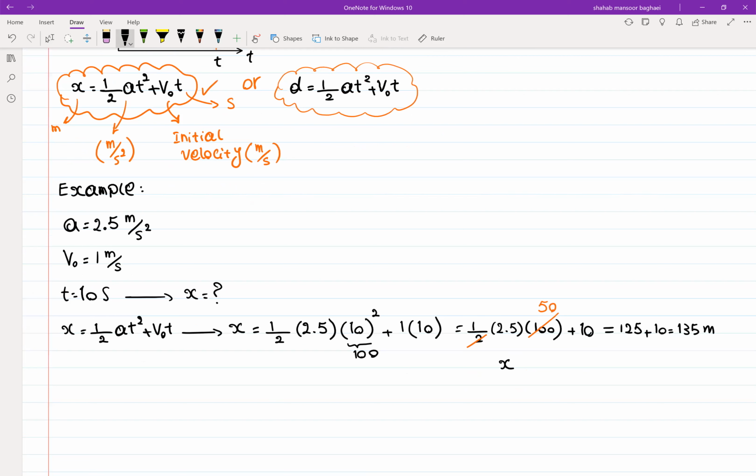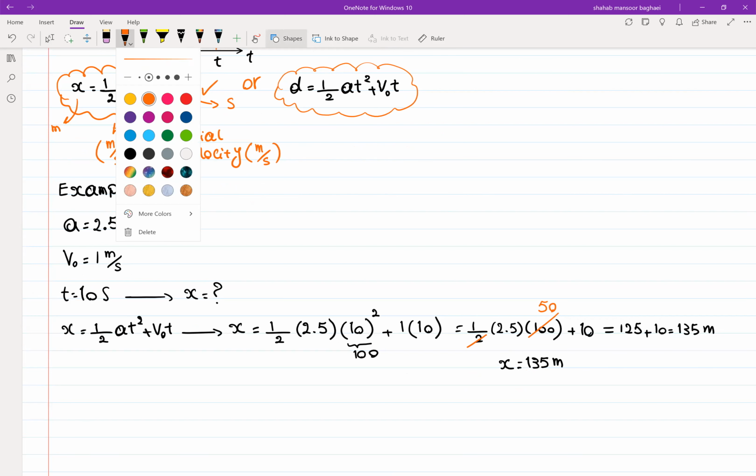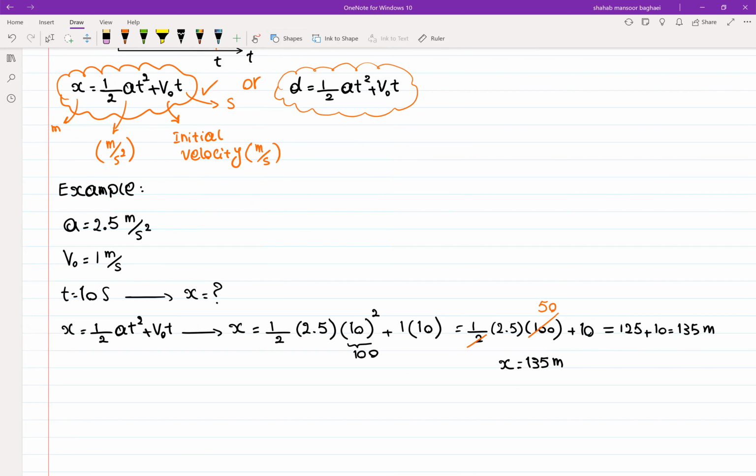The answer of the problem is X equal to 135 meters. It means after 10 seconds, your particle traveled 135 meters.